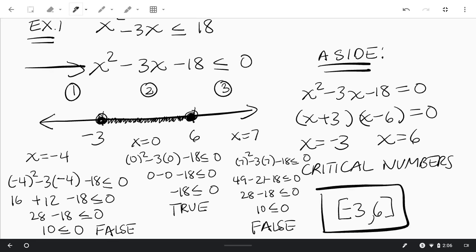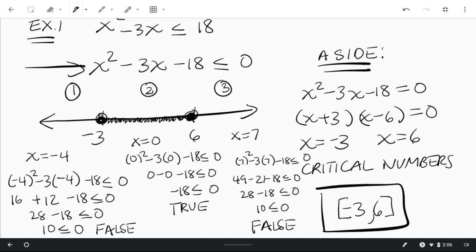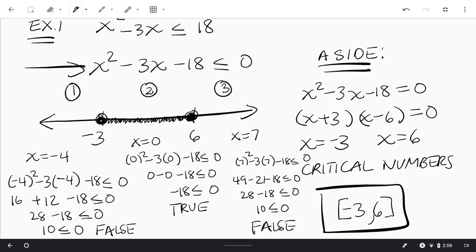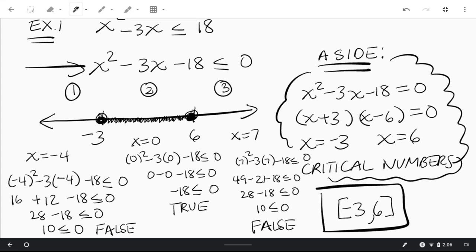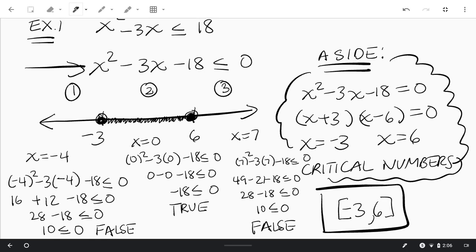So very important that over here you go off to the side and find your critical numbers by factoring and solving for that equation. Once you find those critical numbers, you plot them. And remember, the solution is where it does equal 0. So you already know whether or not to include -3 or 6, whether to shade in, and whether it's going to be a closed circle at -3 or an open circle at -3.